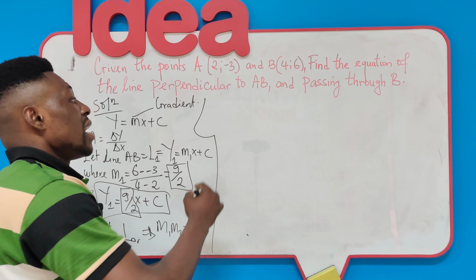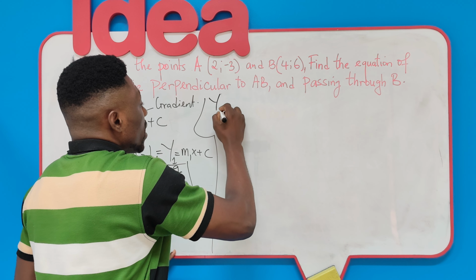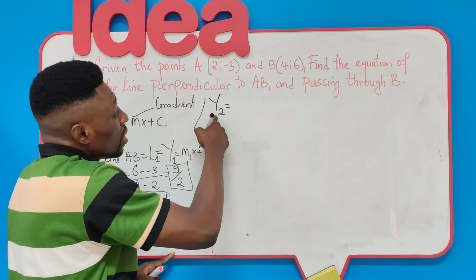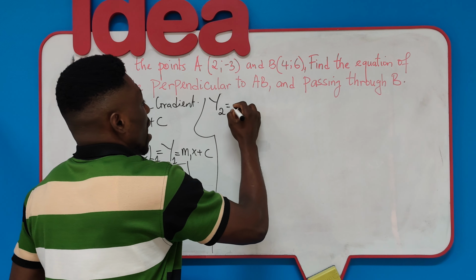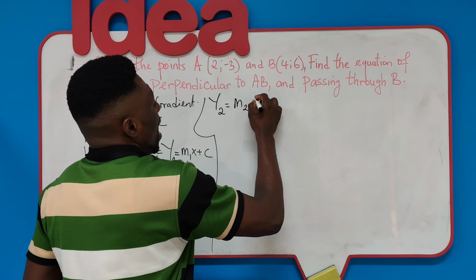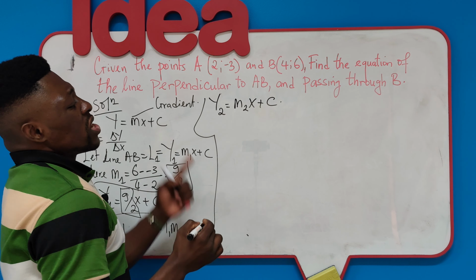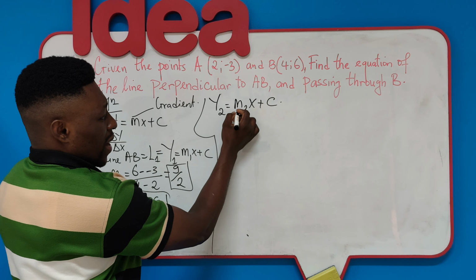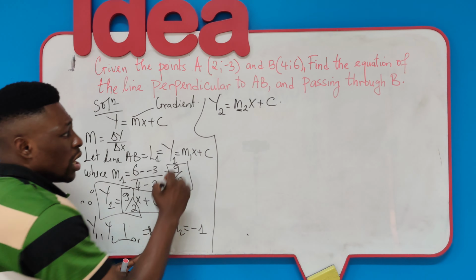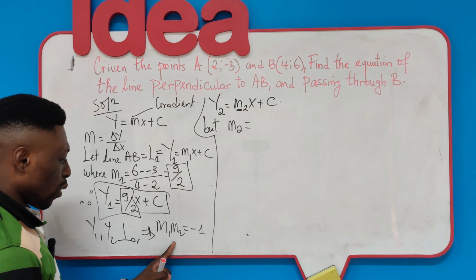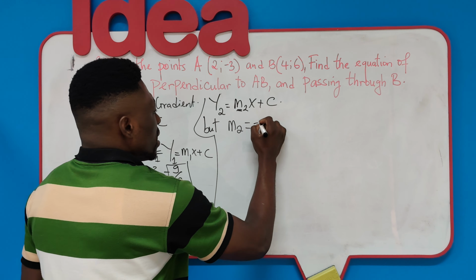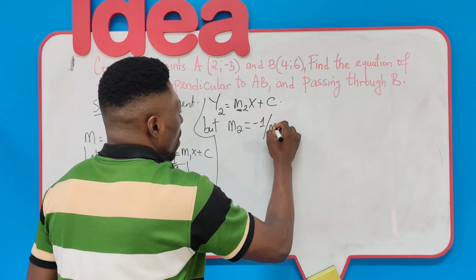But before then, let's remind ourselves of the expression for this second line which is perpendicular to this. Generally, just like in the first case, we will have m2x plus c. Now, let's start first by finding m2 using this property. m2 will be given by -1 divided by m1.